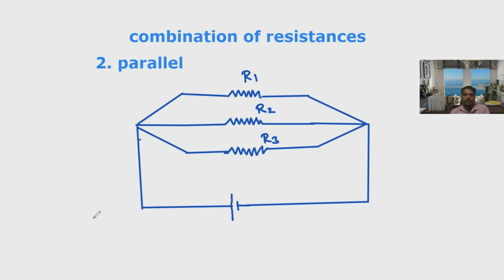And at the common points, the two terminals of the cell are also connected. Whenever resistors are connected between two common points, they are said to be in parallel combination.